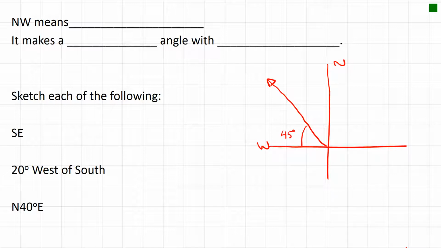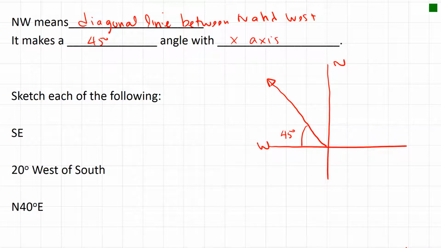So it makes a 45-degree angle from both axes. So northwest means it's at the diagonal line between north and west. And it makes a 45-degree angle with the x-axis. It also makes a 45-degree angle with the y-axis.